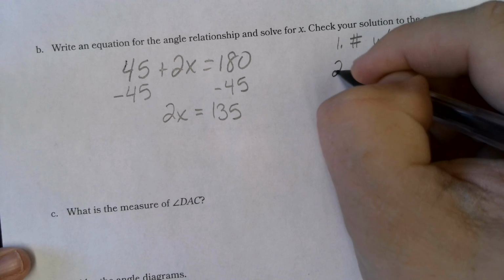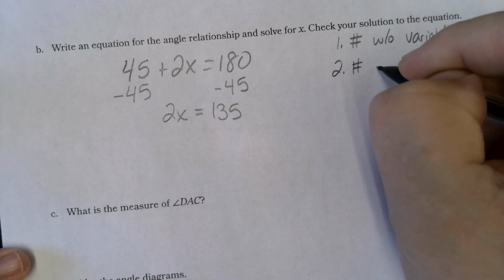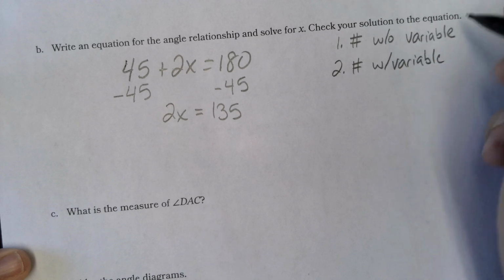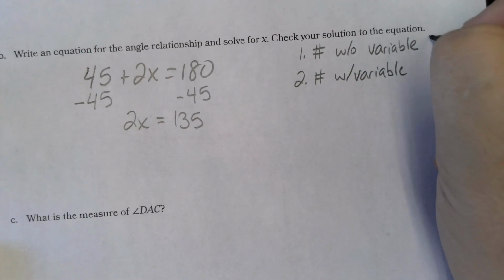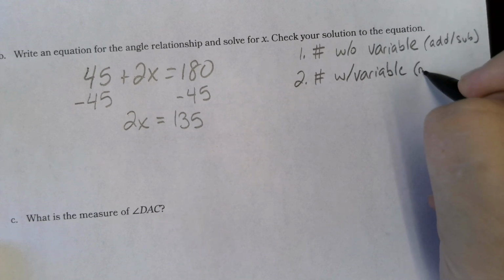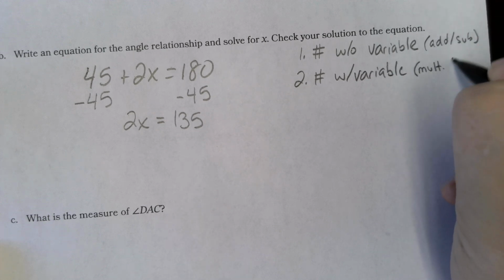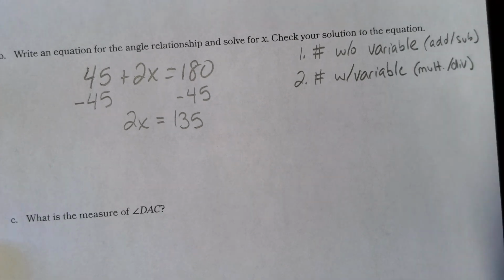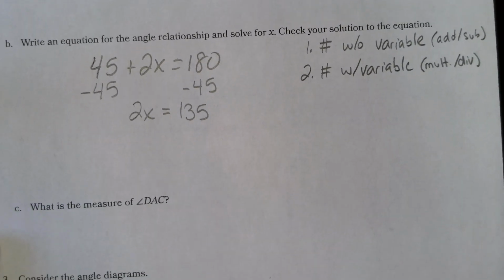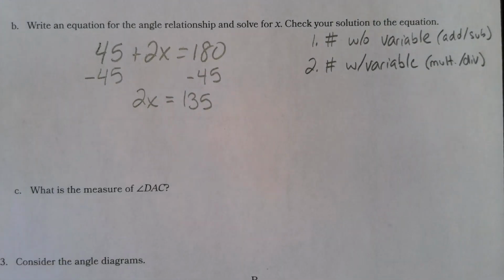Secondly, we're going to do the number with the variable. In the first step, typically you're going to add or subtract. In the second step, you're either going to multiply or divide. In this case, we're going to have to divide to eliminate that 2.